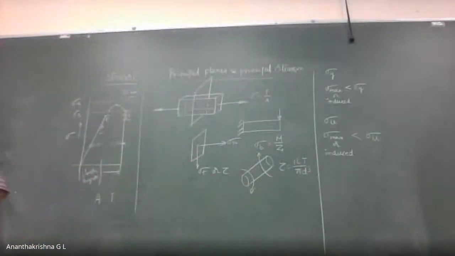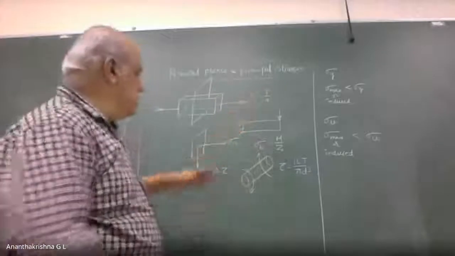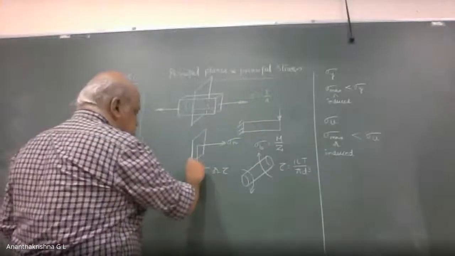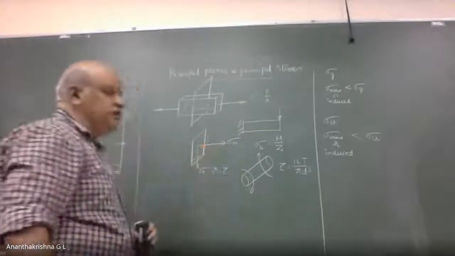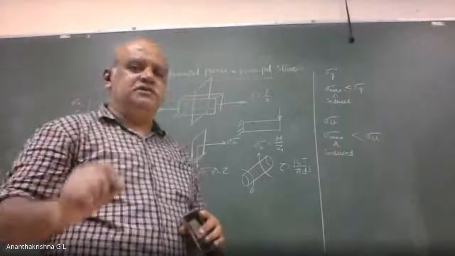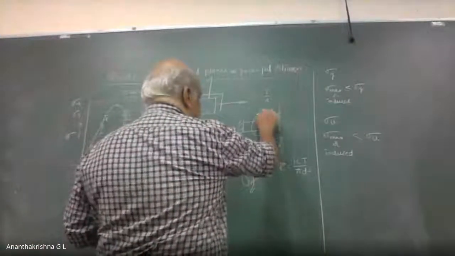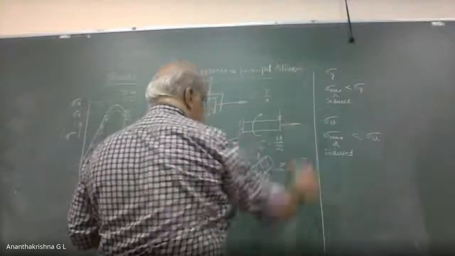When a component is subjected to combined loading like that, if we take a plane perpendicular to the axis, we may not get the actual maximum stress induced on the component. Say I take this member, which is subjected to torsion as well as axial load.